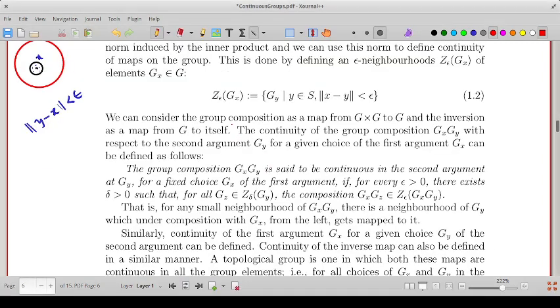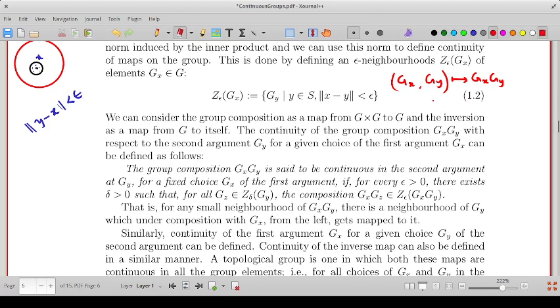Now we can consider the group composition. Consider two elements gx and gy, and the group composition can be considered as a mapping from the set of elements gx and gy to the element given by the product gx gy. So in general we could consider this to be a mapping from the Cartesian product of G with G to the group G itself.